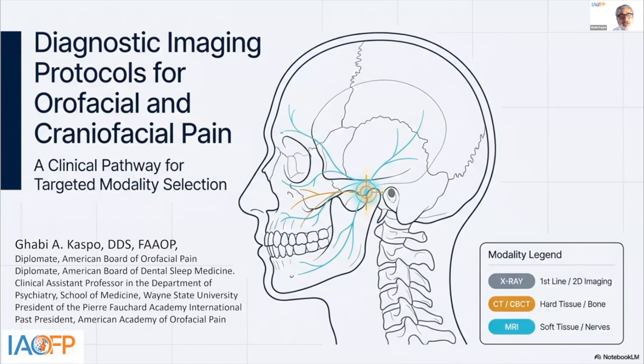When we have evidence that we need imaging of the soft tissue, we have to move to MRIs or other soft tissue modalities. The key principle is targeted imaging, choosing the right modality based on a specific clinical question rather than using it as routine imaging.